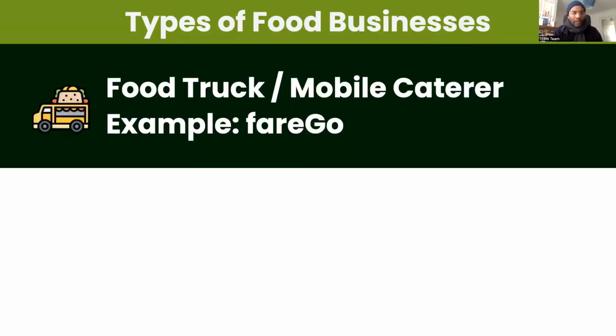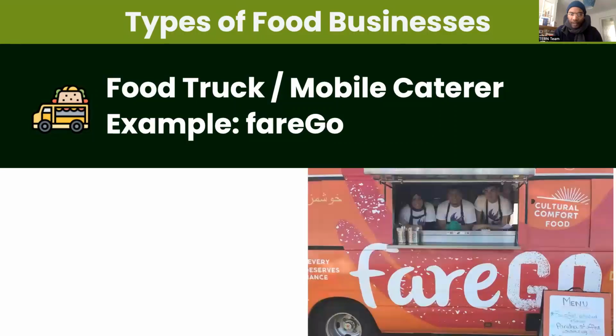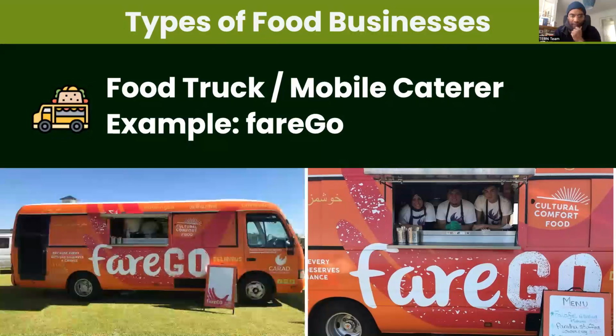Something quite similar to that as well: some of you have talked about having a food truck. This example is not from the UK, but from Australia. Fergo is a social enterprise started by refugees and asylum seekers in Australia, and they have this food truck basically to support the community over there.